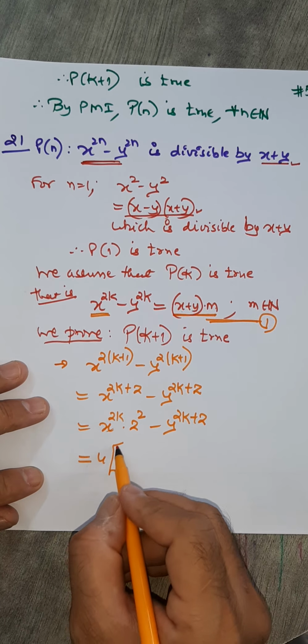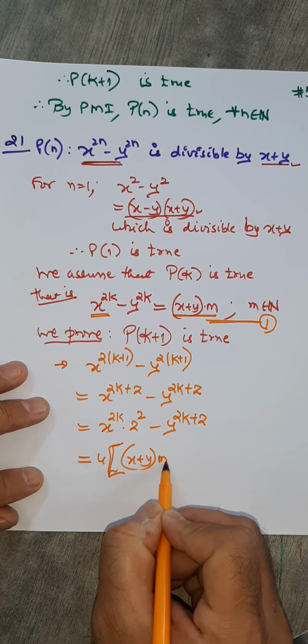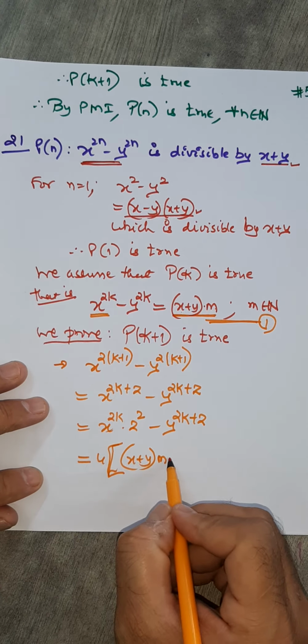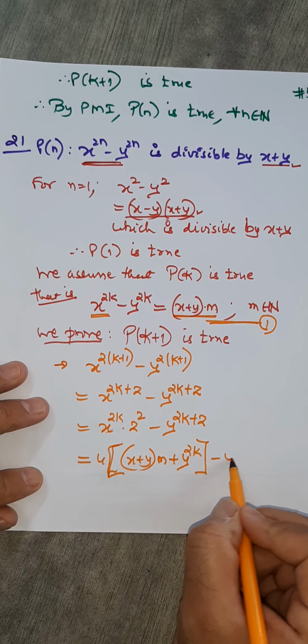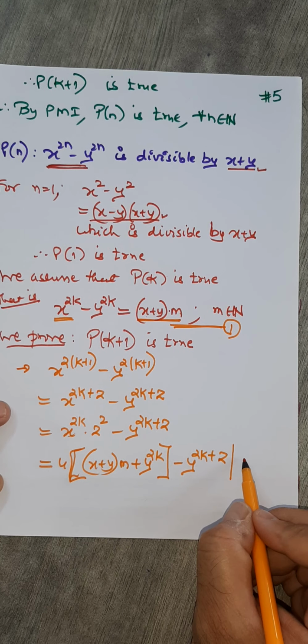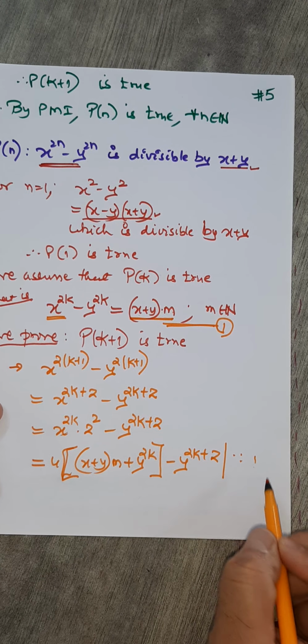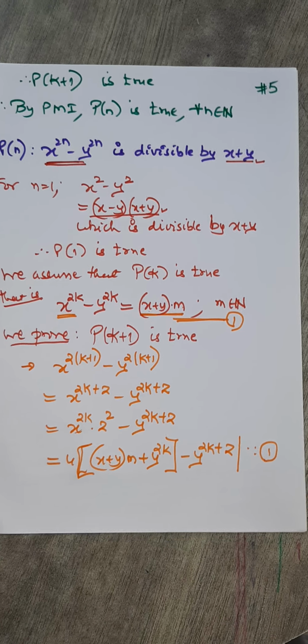Look at equation 1. It would be x plus y into m plus y raised to 2k, minus y raised to 2k plus 2. This is because of 1, remember. That's always a useful equation, you know.